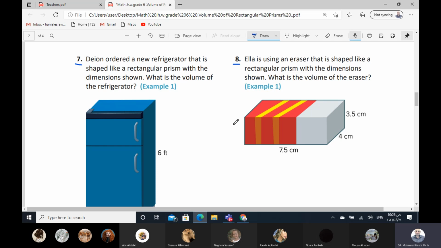What's the volume of the eraser? Thank you, Shamsa. As you see here, we have the length 7.5, the width 4, and the height 3.5. So write the formula: V equals length times width times height.